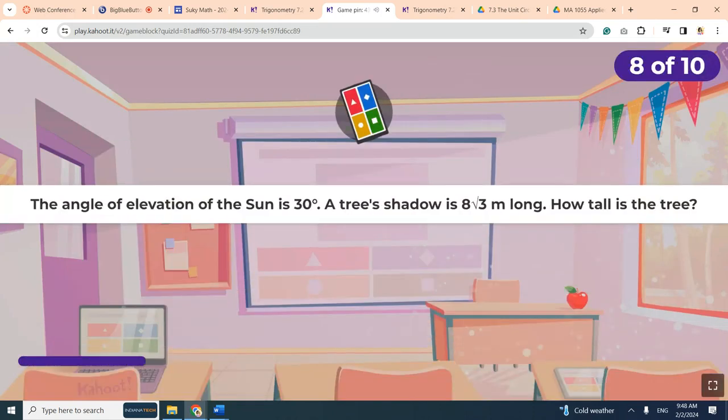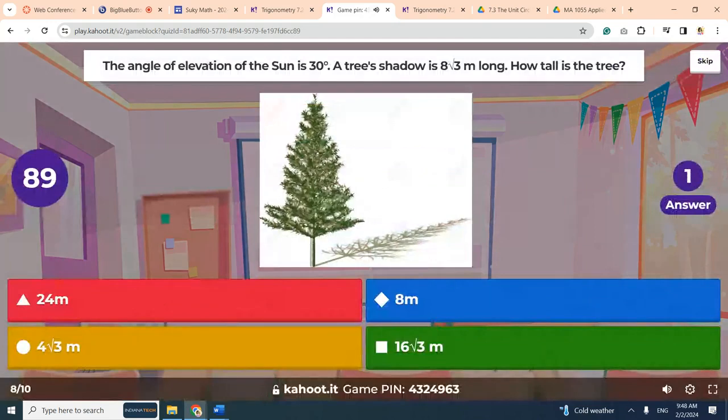Next. The angle of elevation of the sun is 30 degrees. A tree shadow is 8 times square root of 3 meters long. How tall is the tree? Draw the triangle. This is the same thing. 30 degrees. The shadow is 8 square root of 3. And what is this? Think about the ratio.